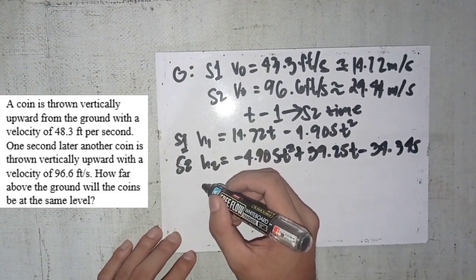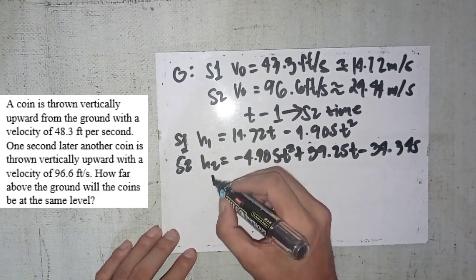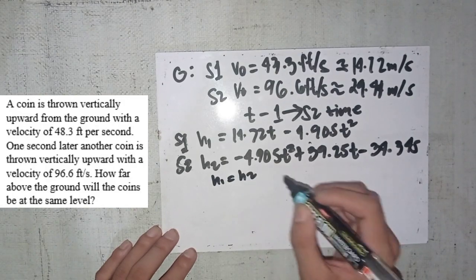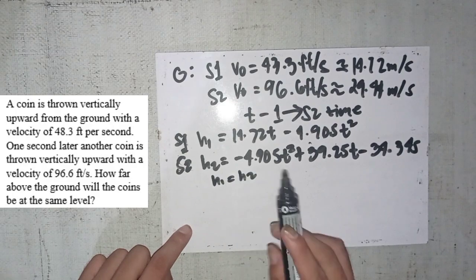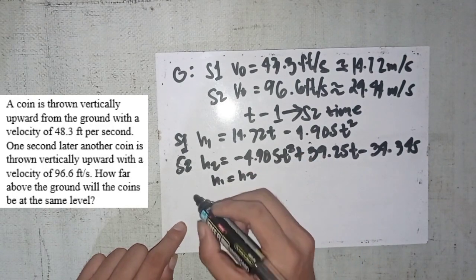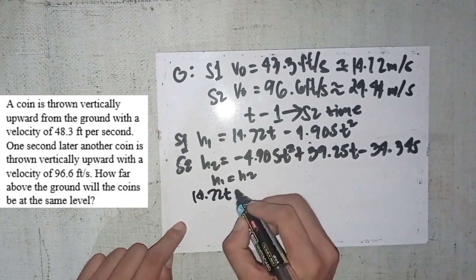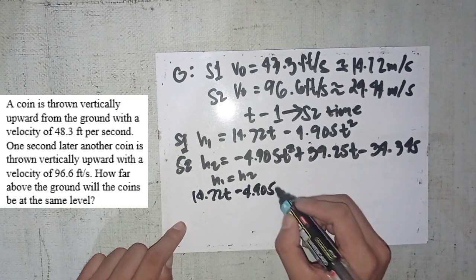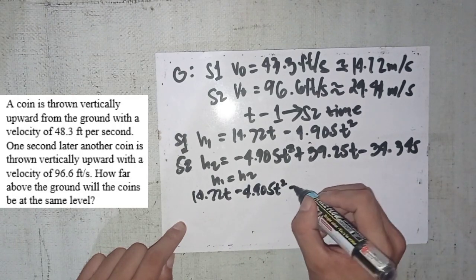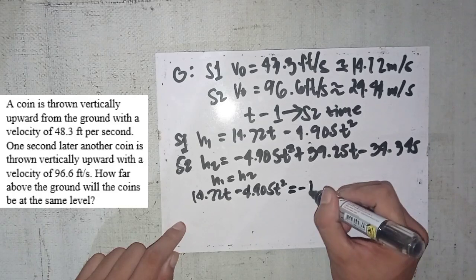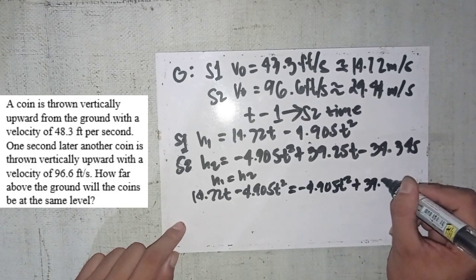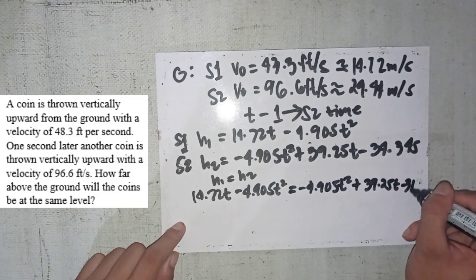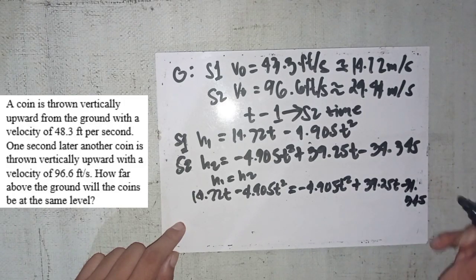Since they will meet at the same level, height 1 is equal to height 2. So we can simply substitute the equations for each height. So this will be 14.72 t minus 4.905 t squared on the left side, and on the right side is negative 4.905 t squared plus 39.25 t minus 34.345.